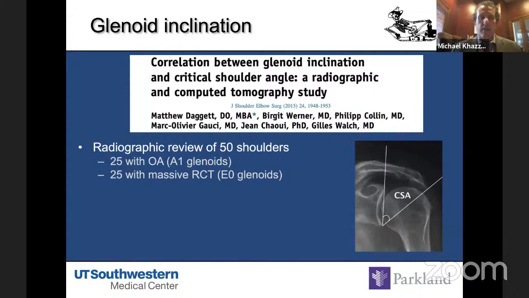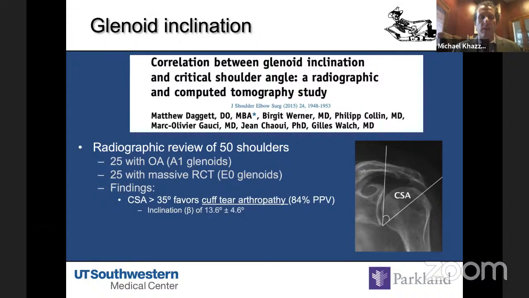Again, here's some studies looking at this and how it may correlate X-ray versus CT scan with minimal erosion. And when you have a significant increase in the critical shoulder angle, it may give an indication as to the status of the rotator cuff, and the pathology underlying may be associated with rotator cuff arthropathy as opposed to primary osteoarthritis.